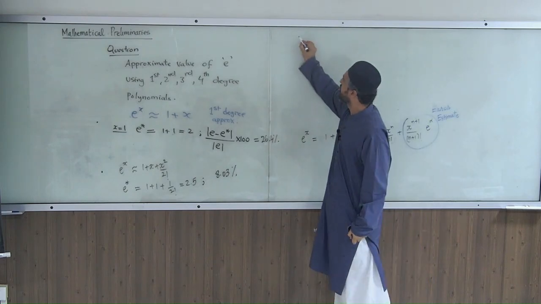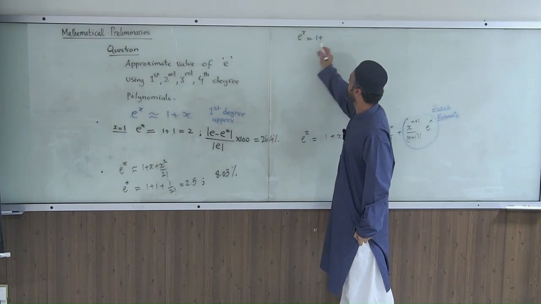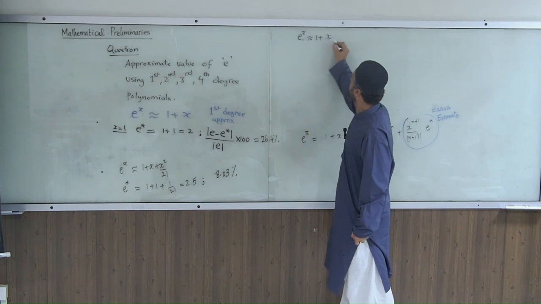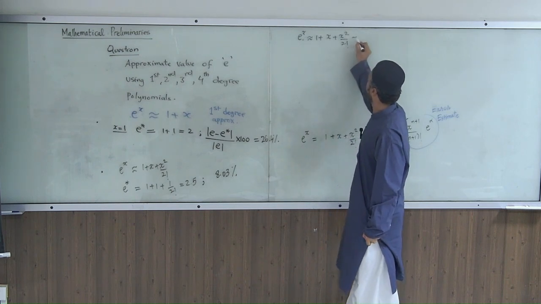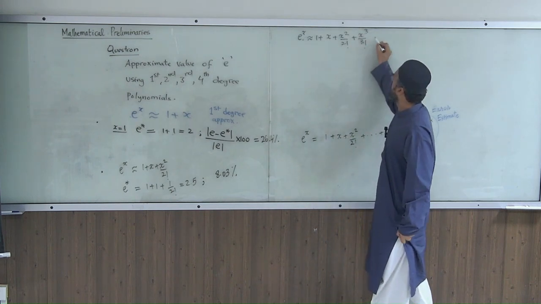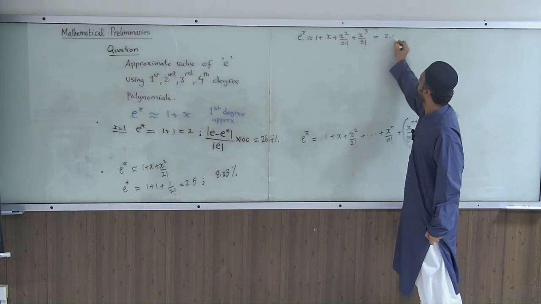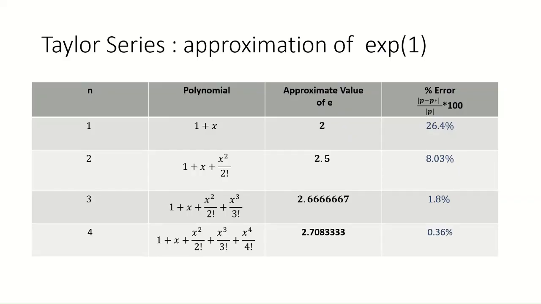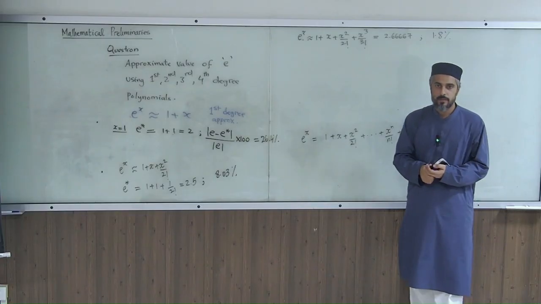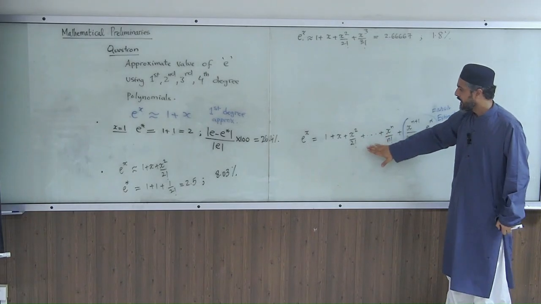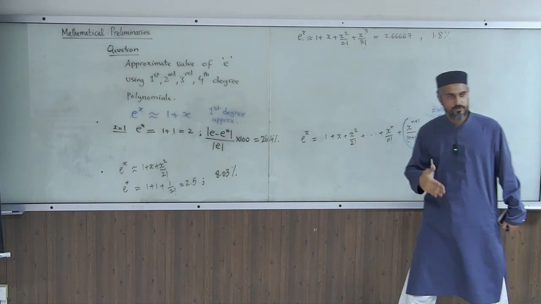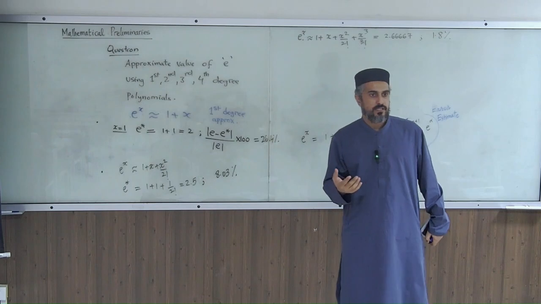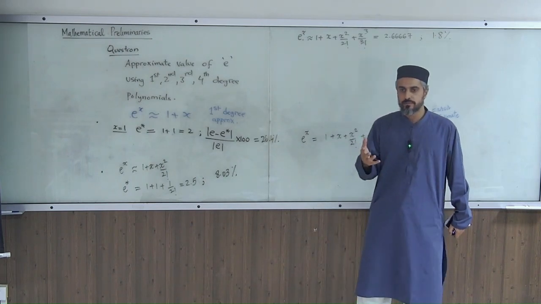If I take a third degree approximation, which is 1 plus x plus x square over 2 factorial plus x cube over 3 factorial, the answer will be approximately 2.667, and I get a relative error of 1.8%, or approximately a 2% deviation. And if I go to the fourth degree polynomial, you will see a deviation of approximately 0.3%.